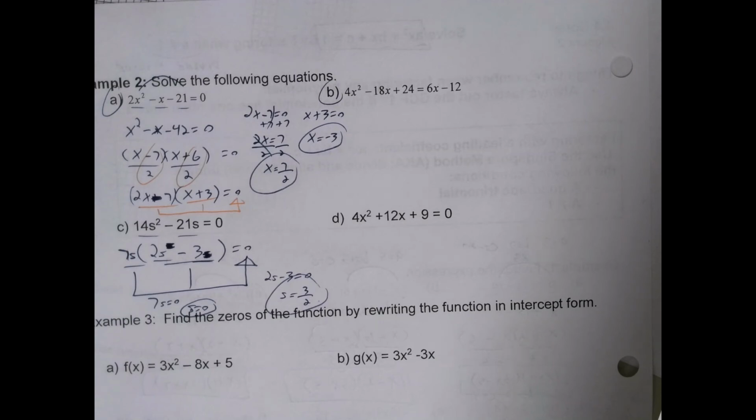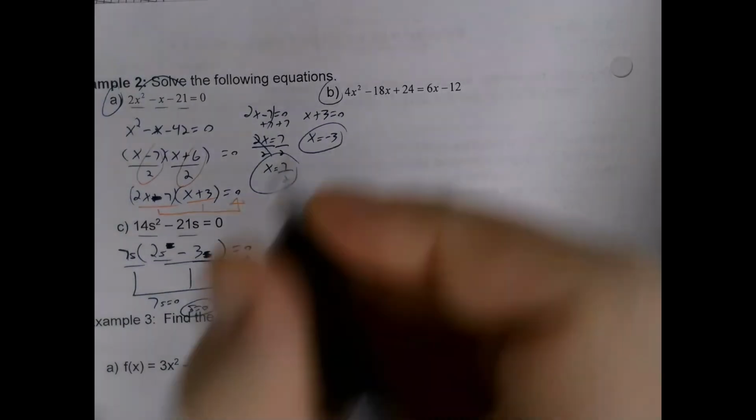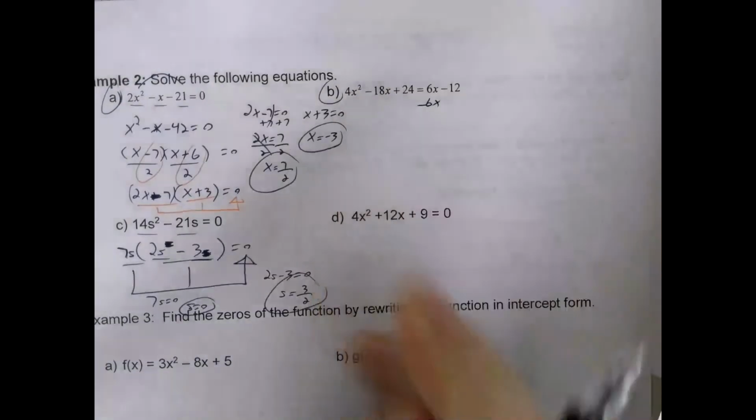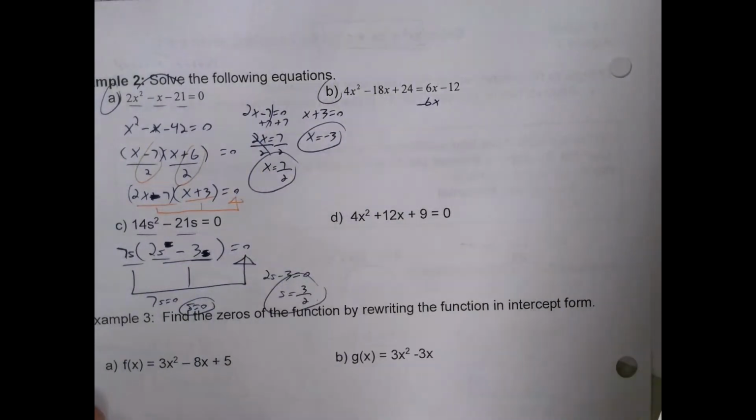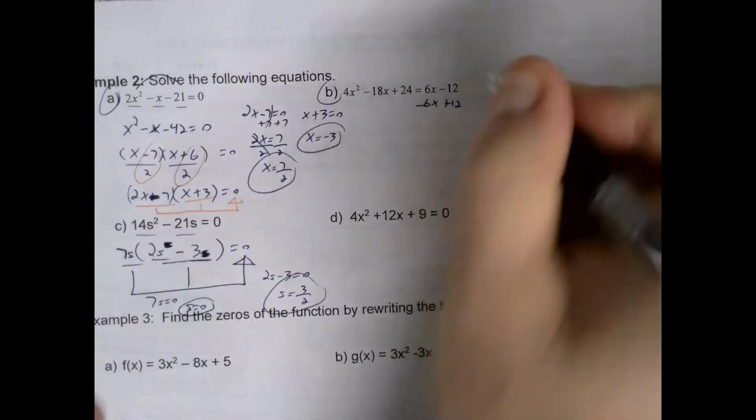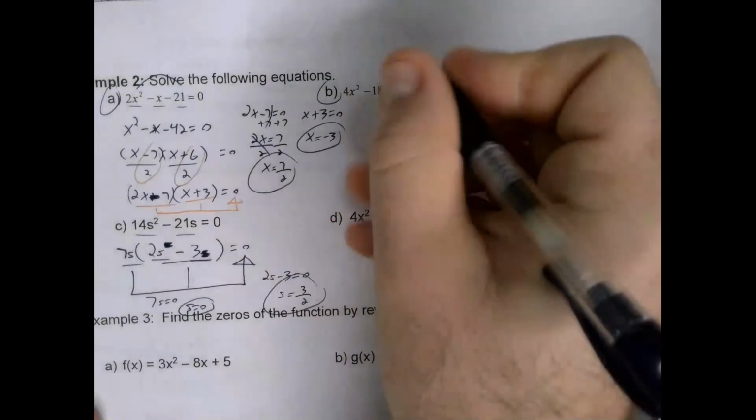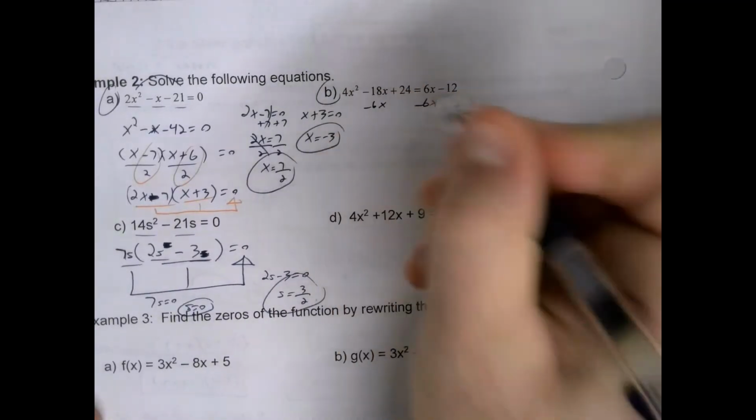The left. And bring the negative 12 to the left. Bring both of those terms to the left side. Alright, watch this, guys. Do 2 algebra steps in one. So minus the 6x and add the 12 to the left. Okay, we're going to line up the like terms on the other side.